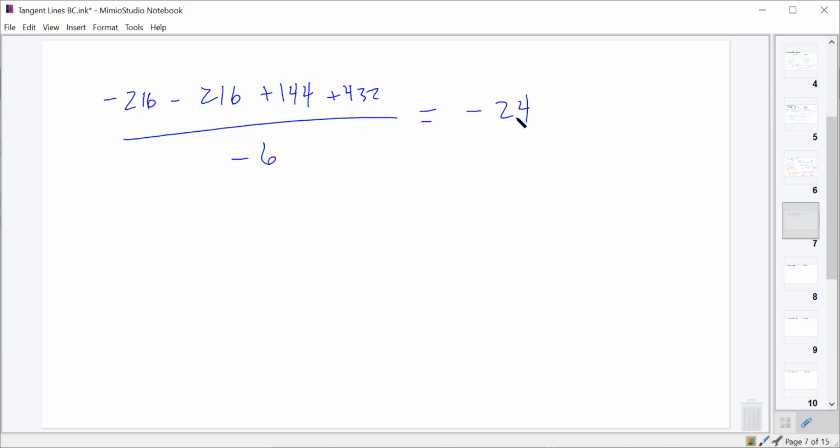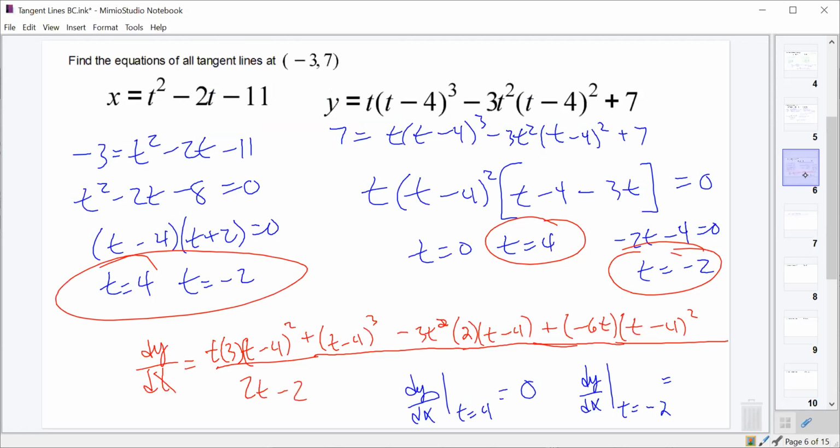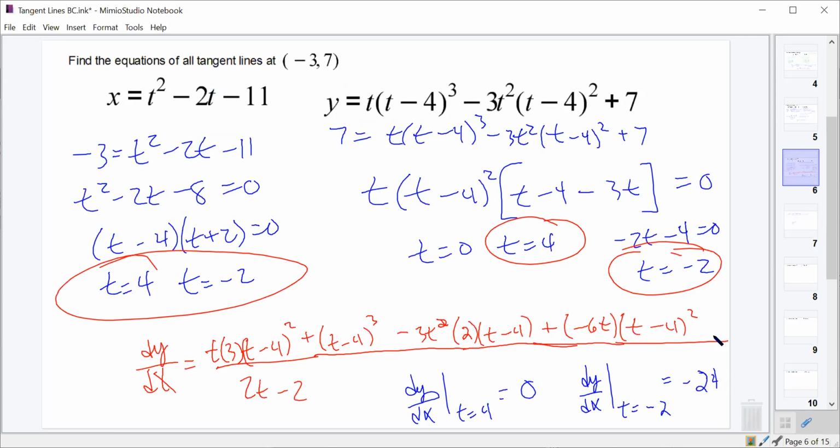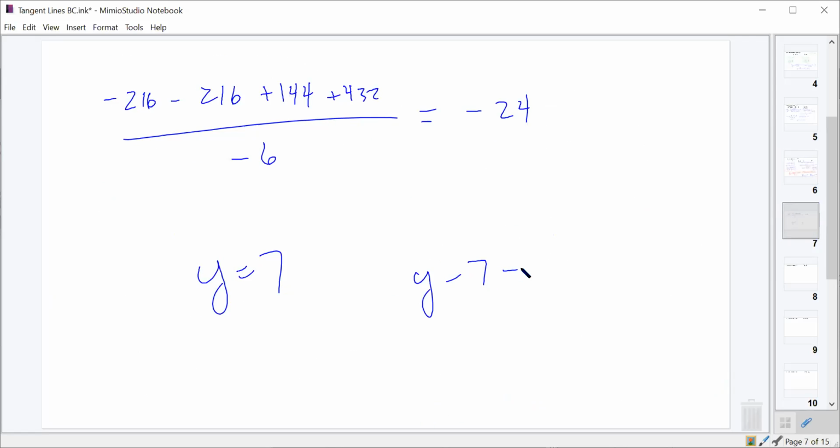Yep. Cool. All right. So negative 24, and we know the point is (-3, 7). One of them has a slope of 0, so that'll just be y equals 7. And the other one has that slope of negative 24, so that'll be y minus 7 equals negative 24 times (x plus 3).